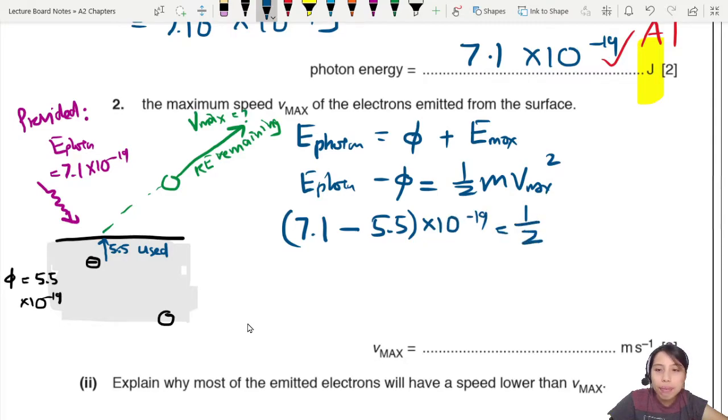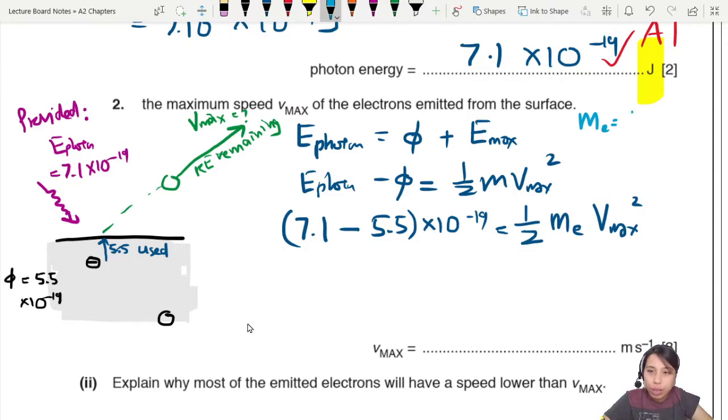So this will be half the mass of the electron times the velocity of this electron. What is m_e? m_e is a constant that you can find on the first page of every past paper. That will be 9.11 times 10 to the negative 31 kg. So you substitute in there.